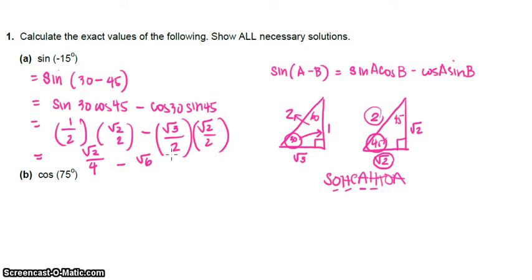If you cannot remember how to multiply radicals, the rule is you multiply the numbers inside the radical sign and put the product inside a single radical sign. So 3 times 2 is equal to 6, and 6 is inside the radical sign. And then 2 times 2 is equal to 4.